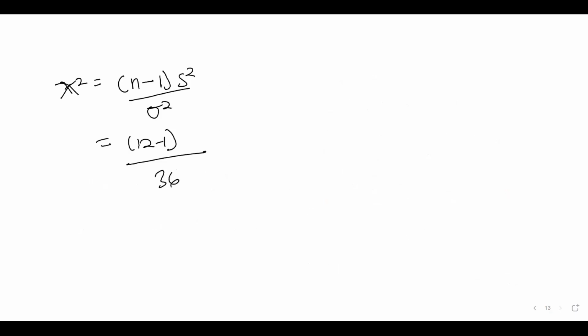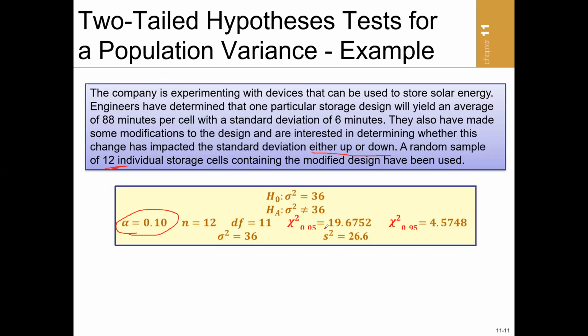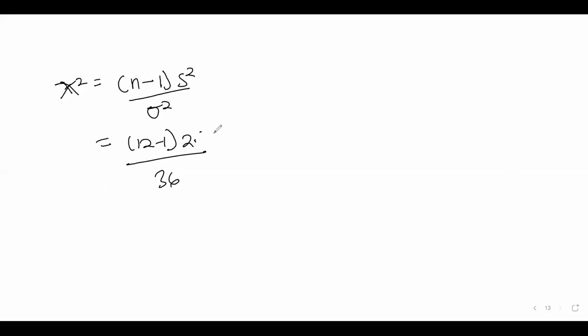And the question will definitely give you the sample standard deviation or the sample variance. If it gives you the sample standard deviation, you have to square it. But if it gives you the sample variance, you have it. So the sample variance is 26.6. When you work out everything here, you are supposed to get around 8.13.